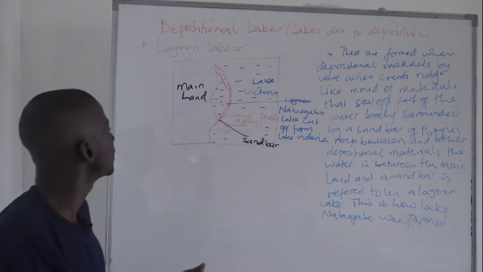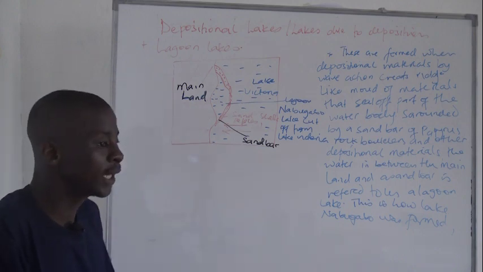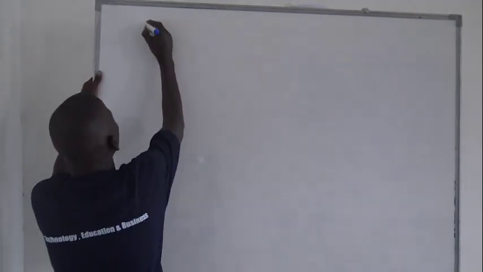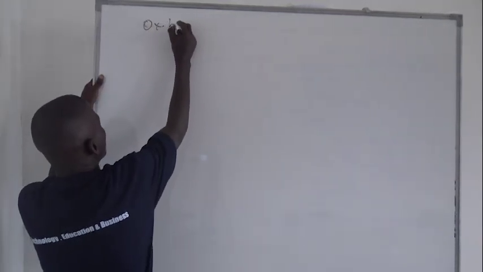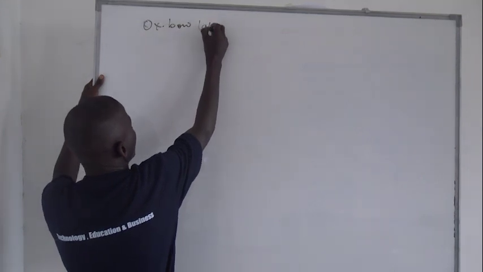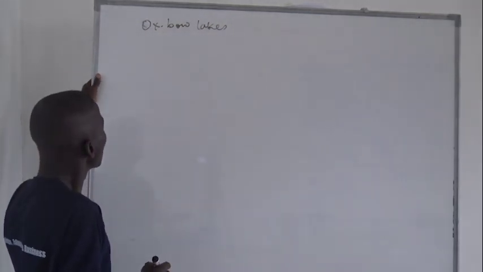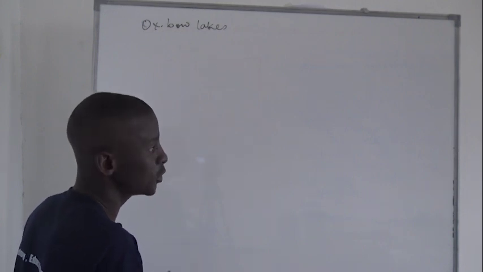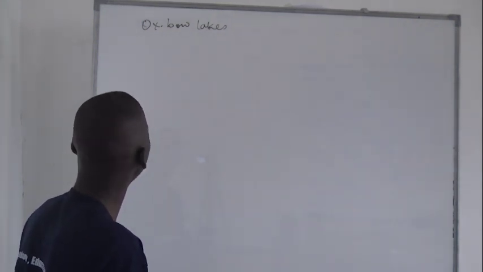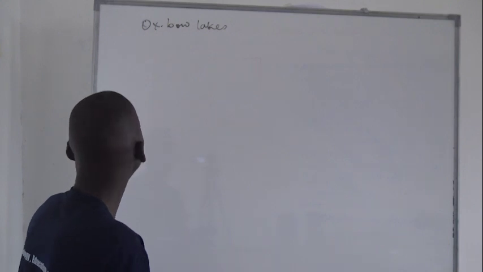Clear? Then after that, we can look at an Oxbow Lake. Look at Oxbow Lakes. So Oxbow Lakes are usually found in the lower course of a river valley.